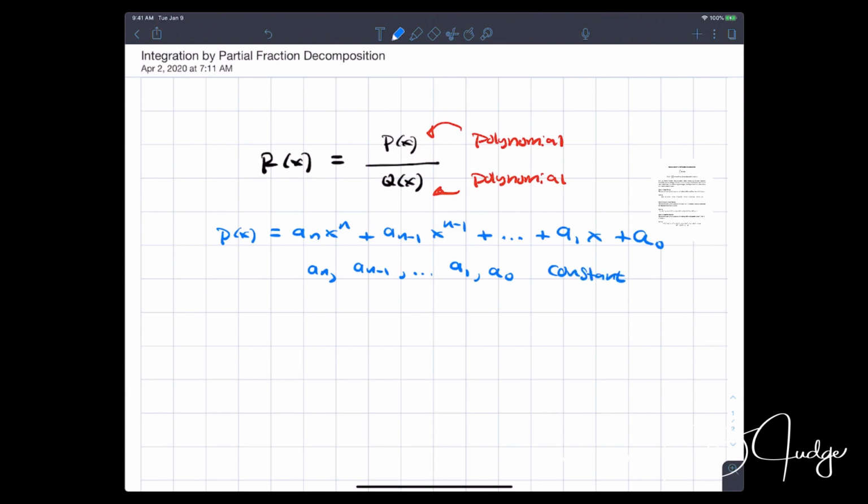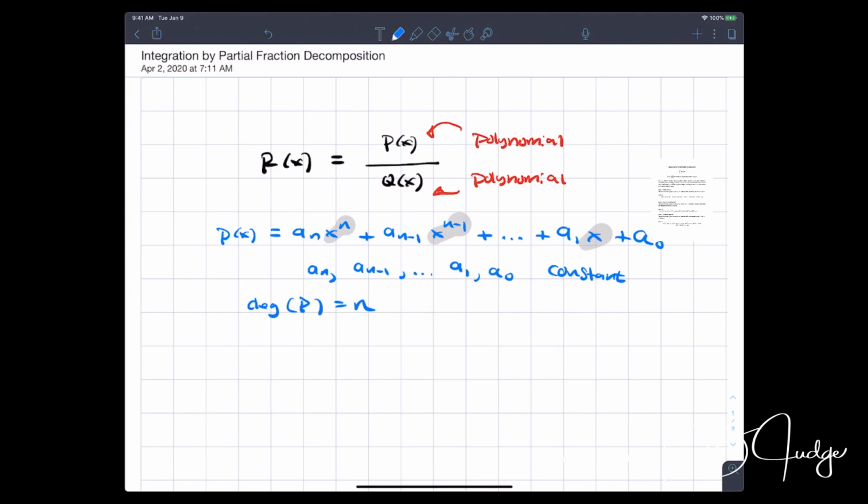And you can also see the x here, x^n, x^(n-1), and so on, all the way down to x. Those are the variables, and n is the degree of the polynomial. So we write this as the degree of p is n. The degree of the polynomial is n, and we write it in functional notation. That's the highest power of your polynomial.